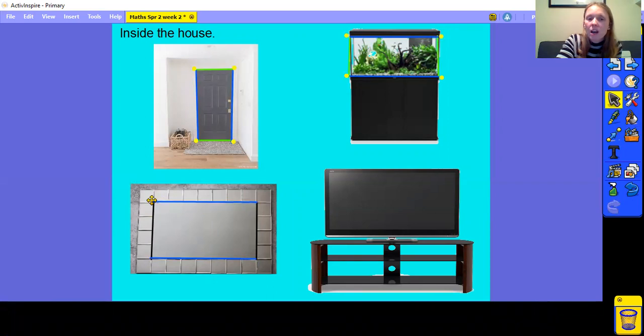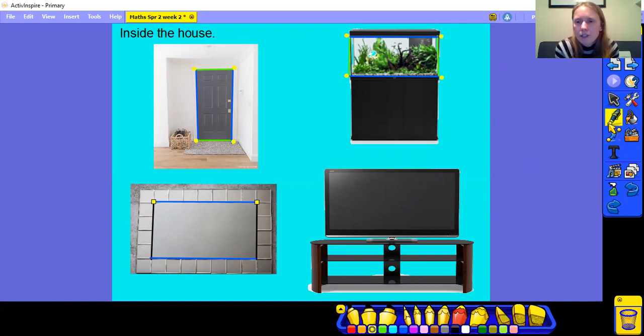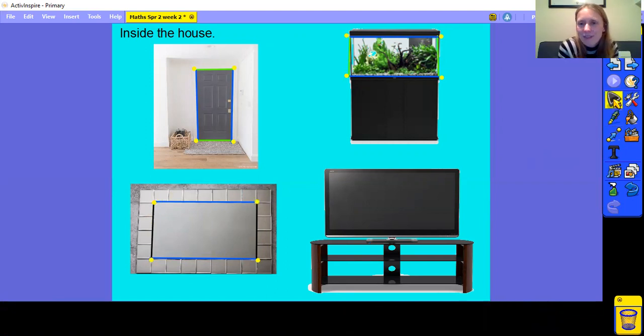Maybe you saw another rectangle. Before we know that this is a rectangle, we just need to check that we have 4 corners. So let's check. 1, 2, 3, 4.